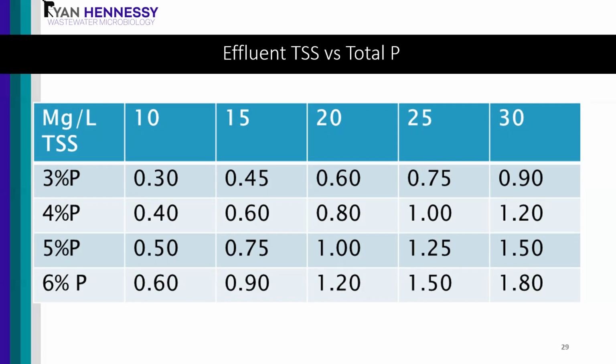For example, you can see at 15 milligrams per liter TSS in the effluent, you're already getting close to 1 milligram per liter total phosphorus. Basically, as you have BioP, you're going to be storing more phosphorus in the sludge, and any solids that leave the plant are going to have an impact on the total phosphorus limits.